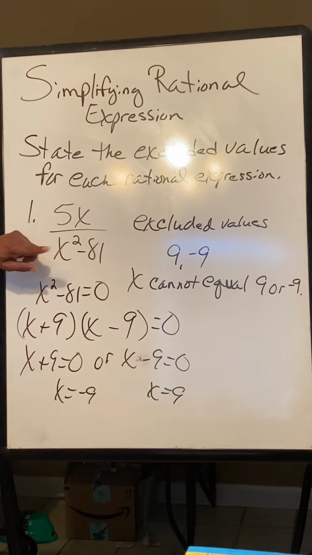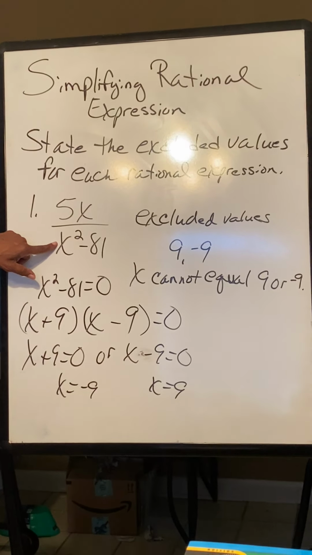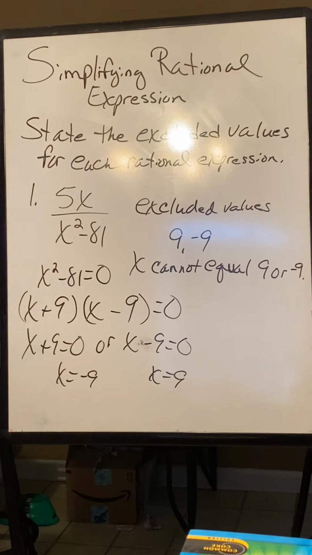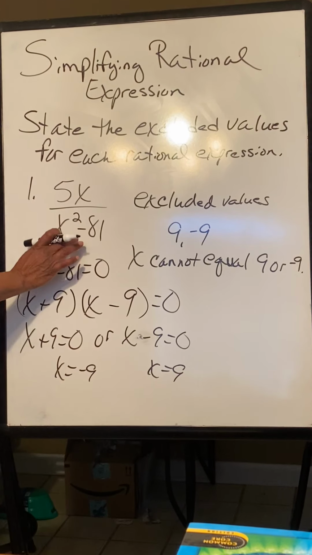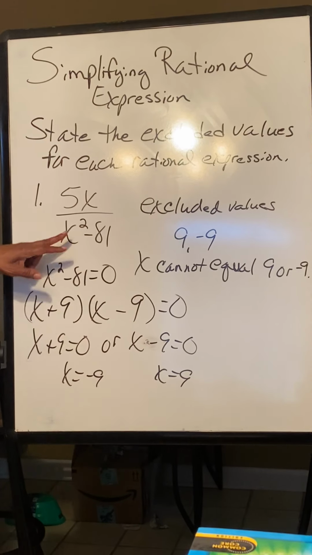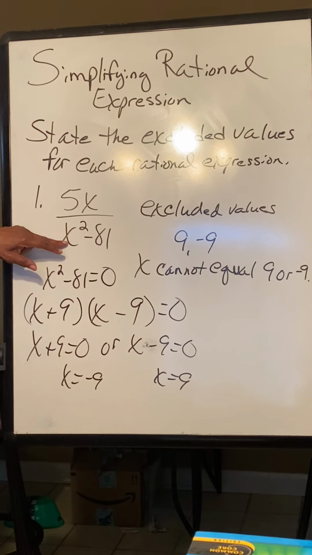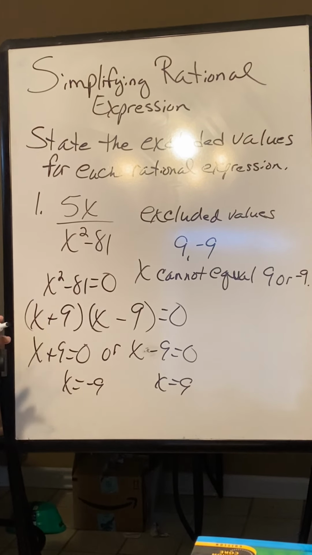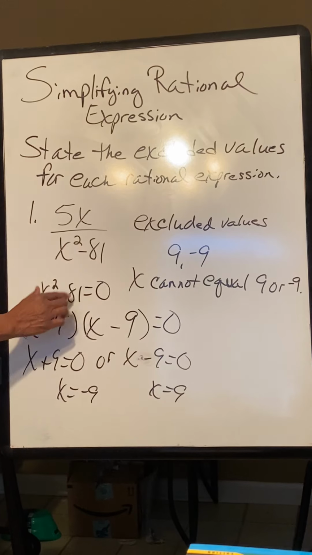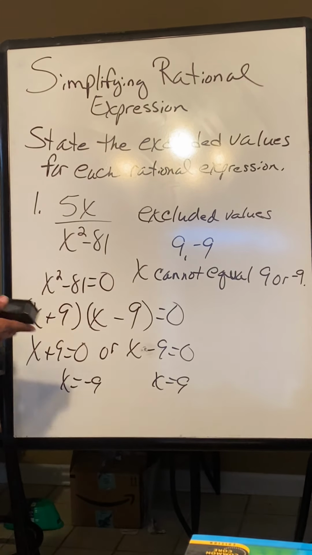Because if I take a positive 9 and put it here, 9 squared gives me 81, and 81 minus 81 is 0. And remember, a denominator of 0 is undefined. If I take the negative 9 and replace it for x, negative 9 squared is also 81, and 81 minus 81 gives us 0. So for excluded values, we're looking for numbers that will make our denominator a 0.